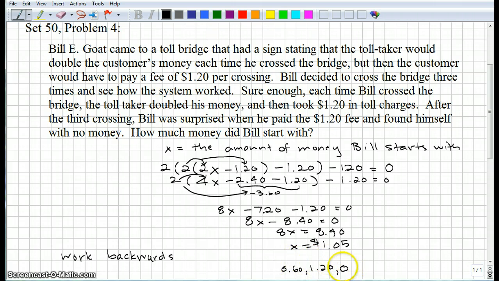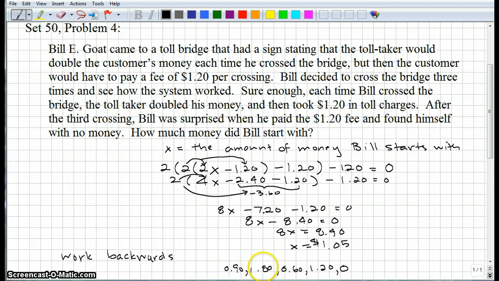So this represents the last crossing that he did. Okay? So on the second crossing, we know that he took $1.20, so he must have had $1.80. Okay? And before he doubled his money, then he must have had 90 cents. Okay?